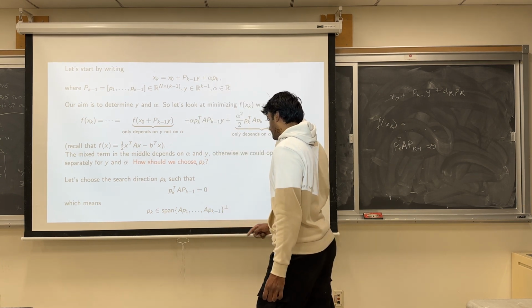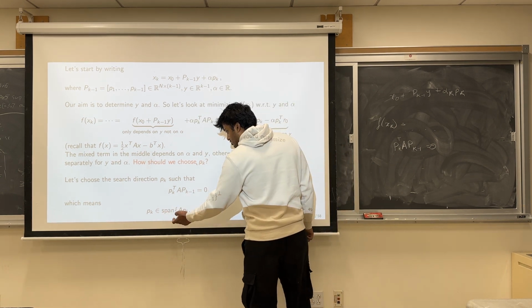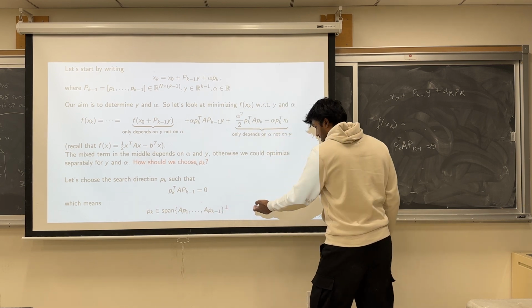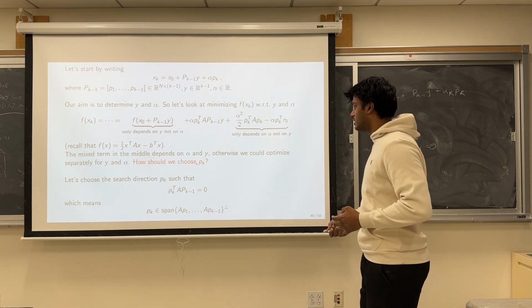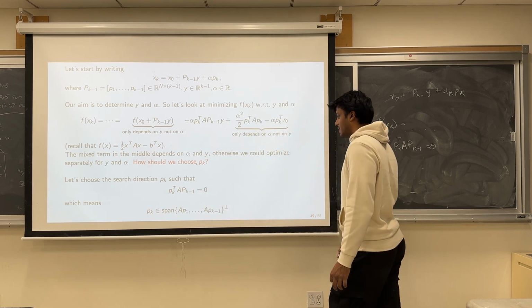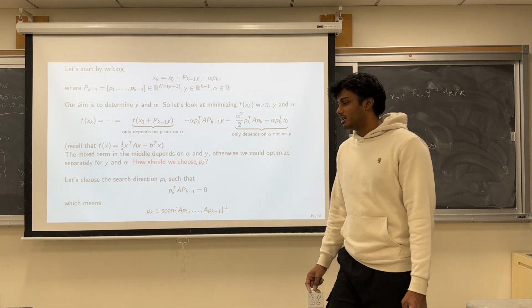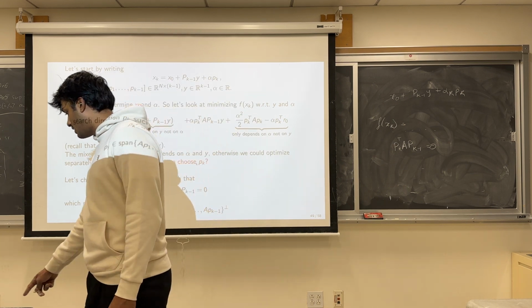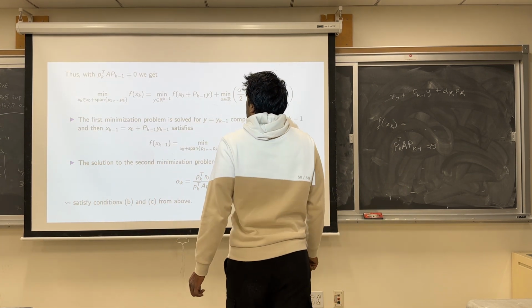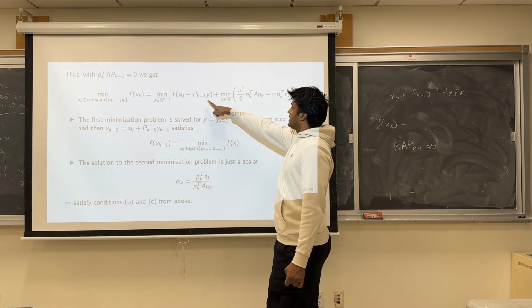So pk belongs to the orthogonal complement of the span of Ap1, Ap2, up to Apk minus 1. And how can we find that?